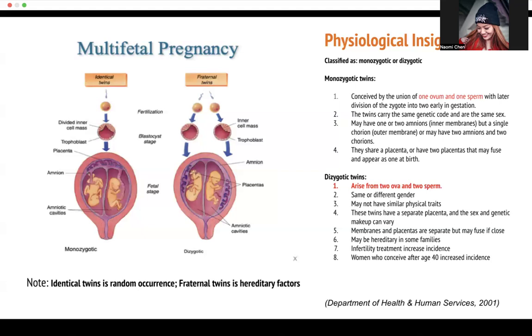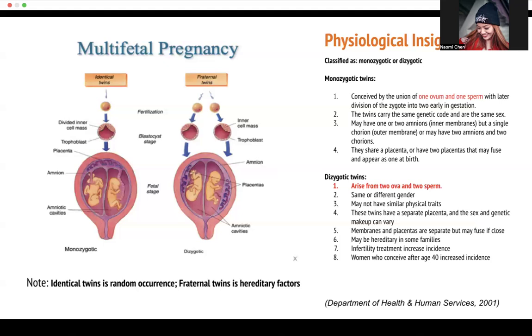Dizygotic twins are also called fraternal twins. They arise from 2 ova and 2 sperm. They may be the same or different gender. They may not have similar physical traits. These twins have separate placentas, and the sex and the genetic makeup can vary. So fraternal twins look like siblings, but they do not look the same.